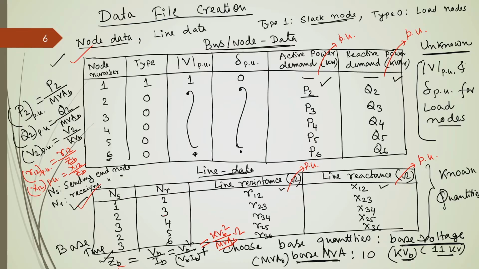Similarly, bus or node voltages are unknown quantities, but node active and reactive power demand you can get from the node data information. Similarly, line parameters you get from the line data information. So, the objective of preparing this table is to convert all this information into a typical data file, from which one needs access to write down the program codes for solving this.